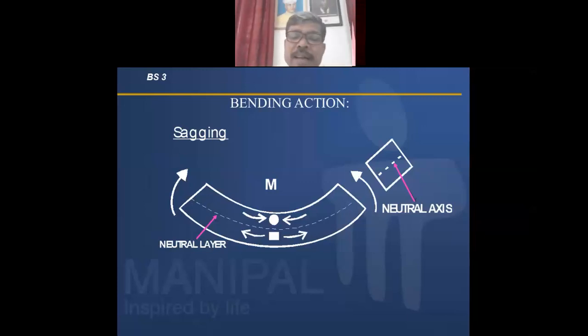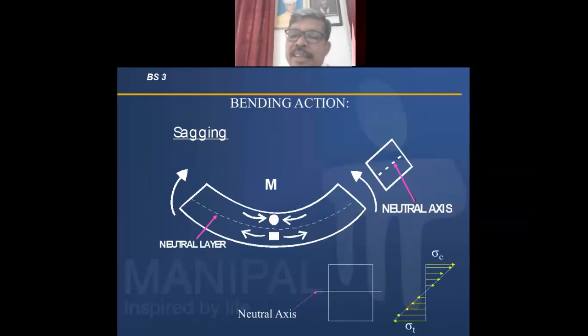So the definition of neutral axis: where the bending stresses are zero, it will never compress, it will never contract, so that layer is called neutral layer or neutral axis. So that is called sagging bending moment. The layer where there are neither compressive bending stresses nor tensile bending stresses is called the neutral axis.